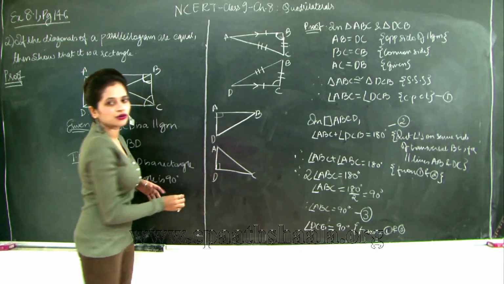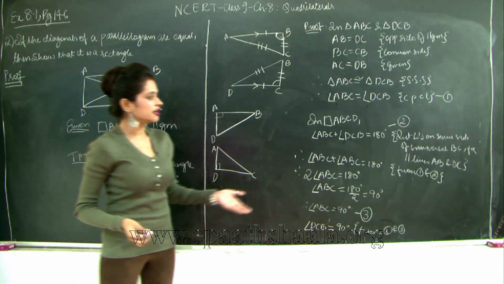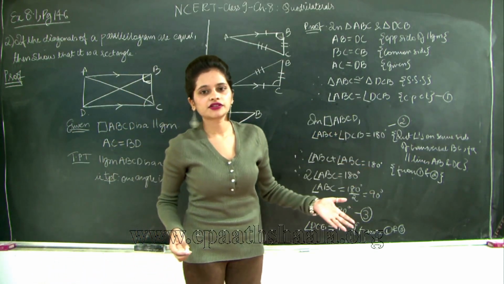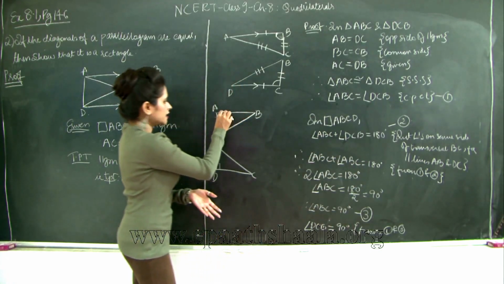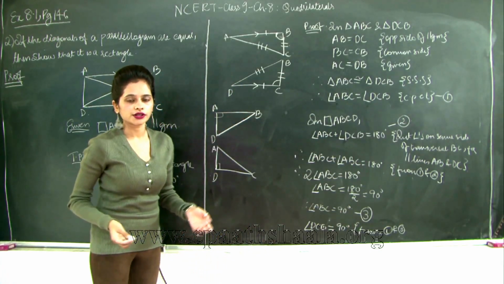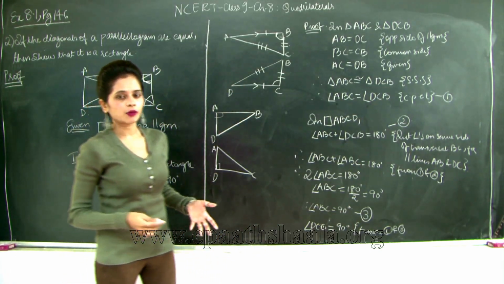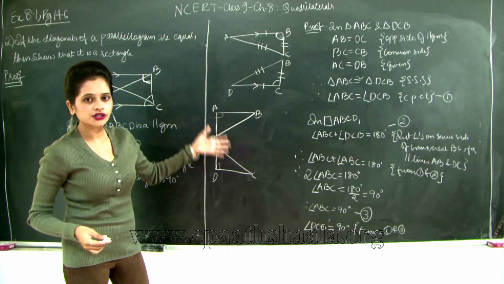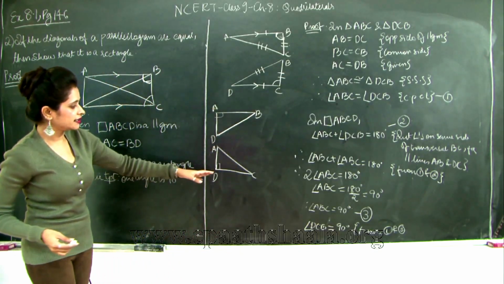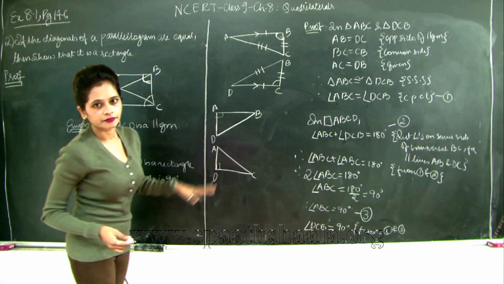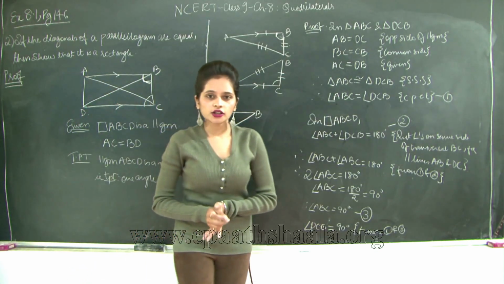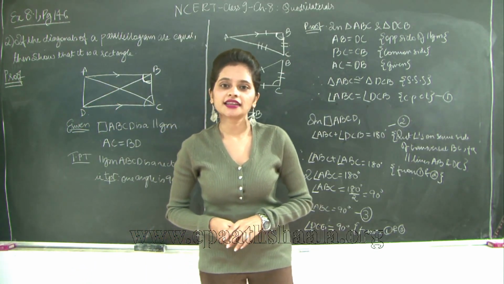Therefore, this angle is also going to be 90 degrees according to the interior angles on the same side of the transversal, and also showing that these 2 angles are equal to each other by CPCT for congruent triangles ABD and DCA. So we'll take a look at the next questions in the next lectures.